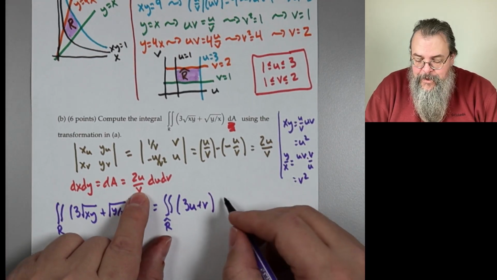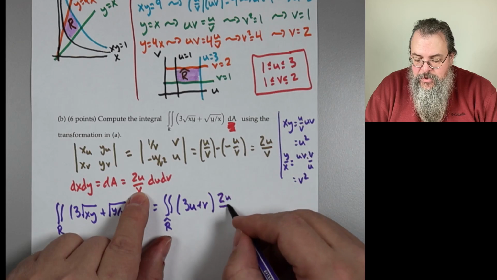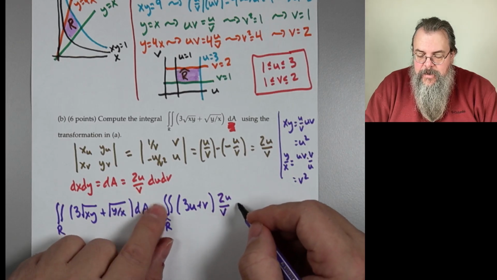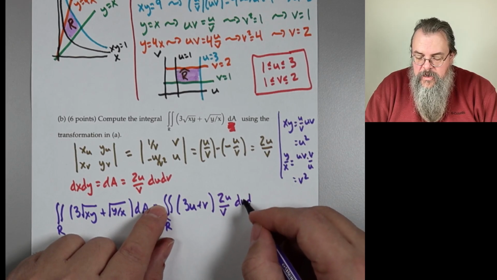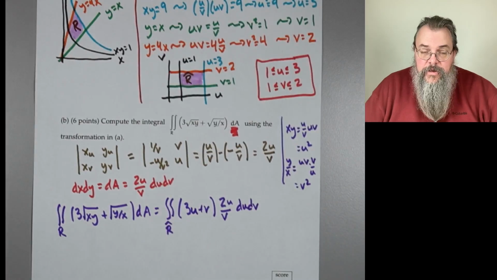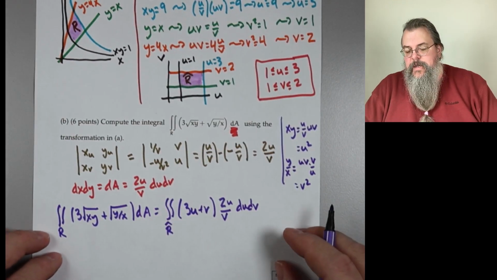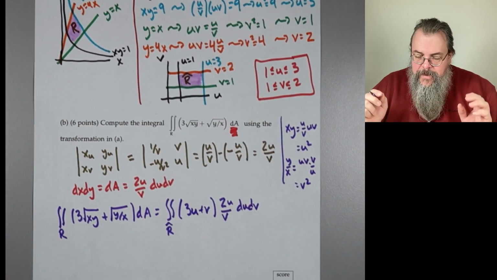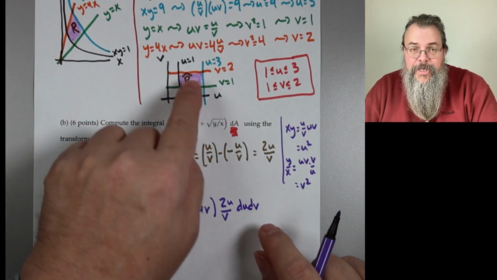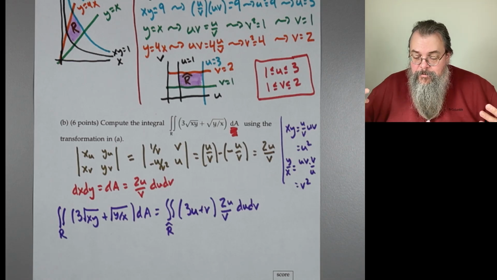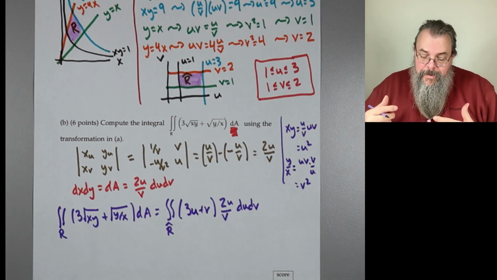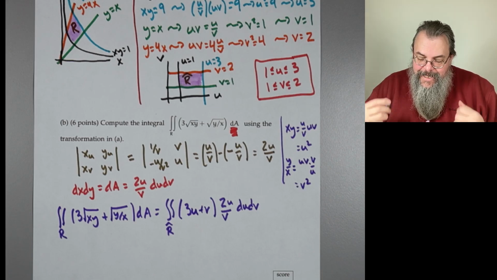Then you have 2u over v, du dv, or dv du. All right, we'll say du dv. It doesn't really matter because our region is a rectangle. The good news is this is something we can actually integrate.